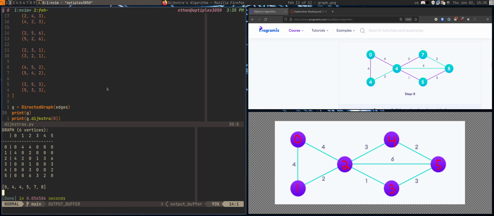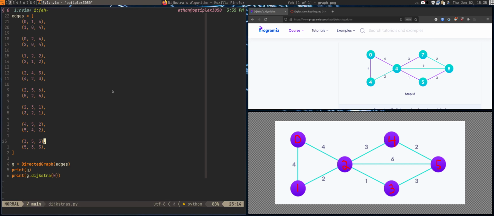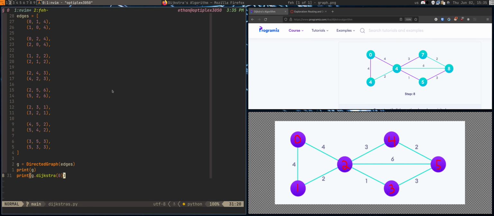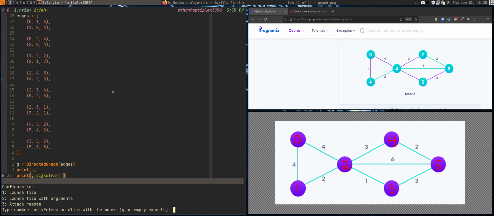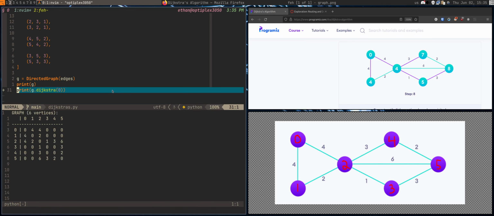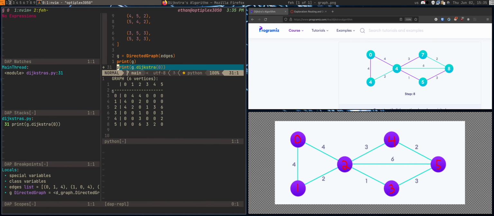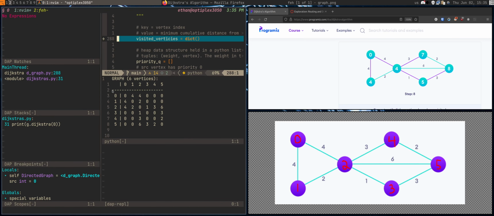And I figured I would just step through the debugger to show you how Dijkstra's algorithm looks as you're running it. So put a breakpoint, debug, and we can go in. So make this a little bigger.